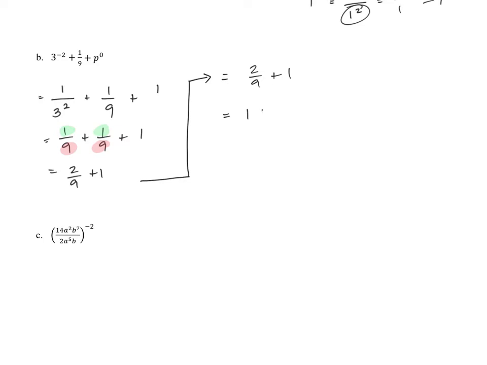Rewriting that, I can do 1 plus 2 over 9. Once again, that's just addition. It's okay to write it like that. And then I can simplify this to the shorthand version, which is 1 and 2 ninths. These two are the exact same thing. The bottom one is just the shortened version.